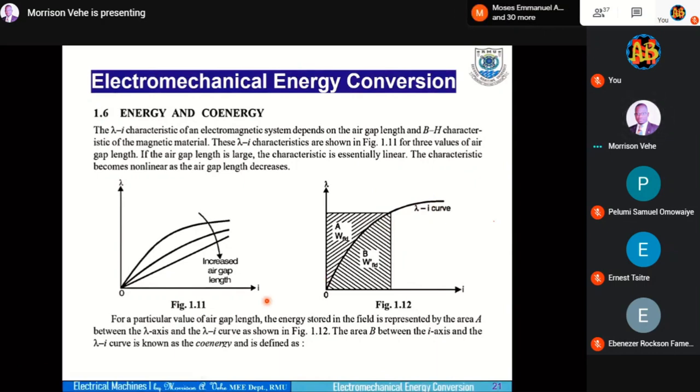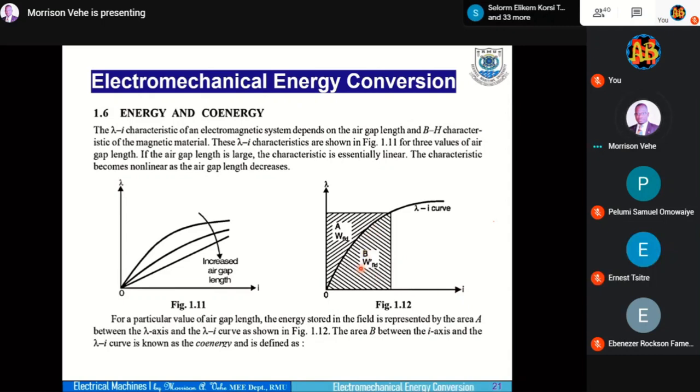Now the area existing between the lambda axis and the lambda-i curve is what we refer to as the energy of our lambda-i system. Then we also have another area B, existing between the lambda-i curve and the i axis.